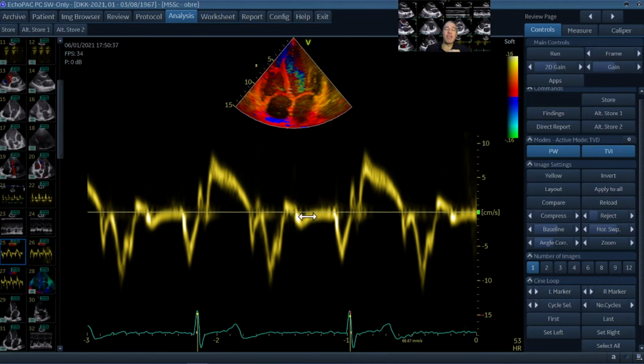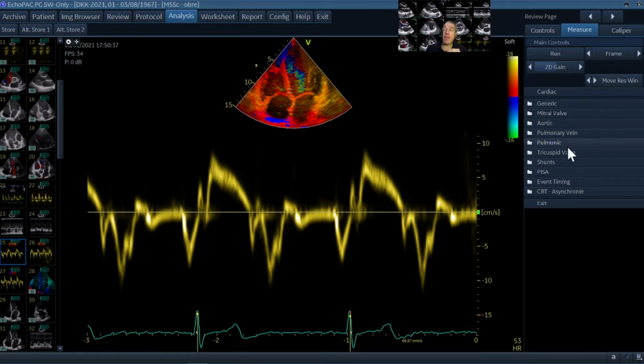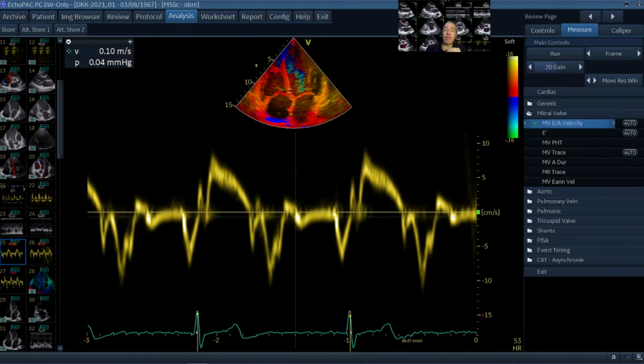You also notice here that there are some short-lived events between the A wave and the S wave, and that is during the isovolumic contraction period, and there is another one here during the isovolumic relaxation period. If you now measure the velocity of the E wave in the septal pulsed wave Doppler, that is what we call E prime.